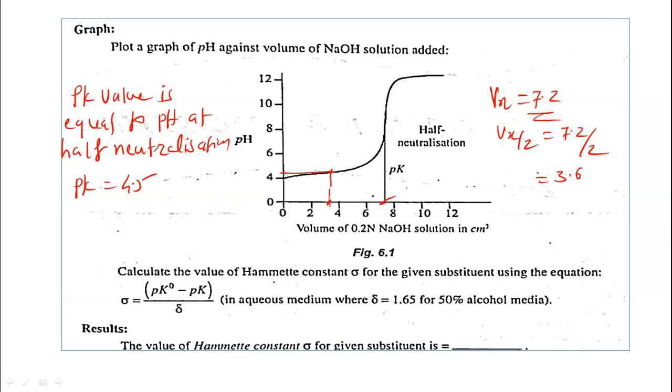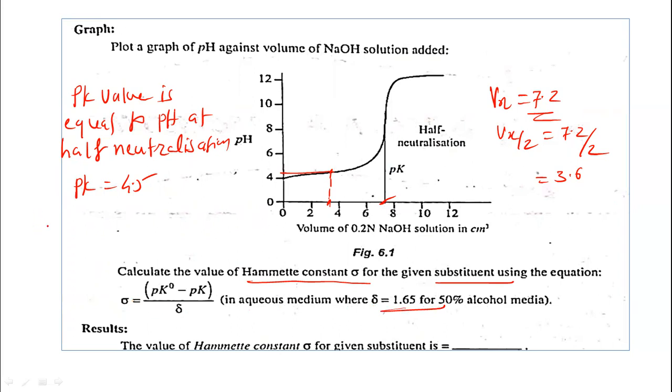Calculate the value of the Hammett constant sigma for the given substituent using the equation sigma equals pK0 minus pK upon delta. pK0 is for benzoic acid, and this pK0 value is given, and using this we will get sigma, the Hammett constant. Now this delta value is given here as 1.65.